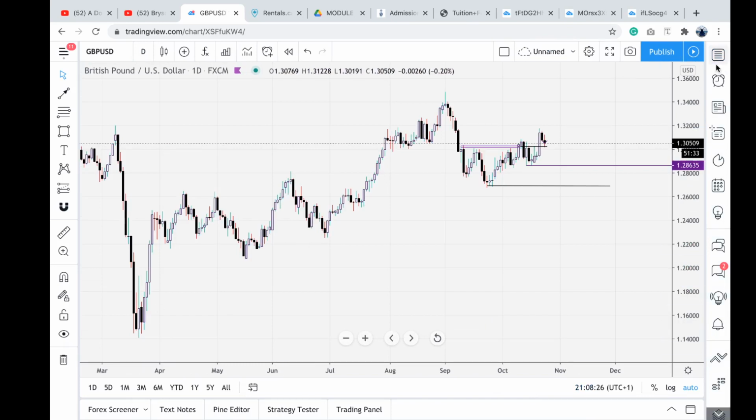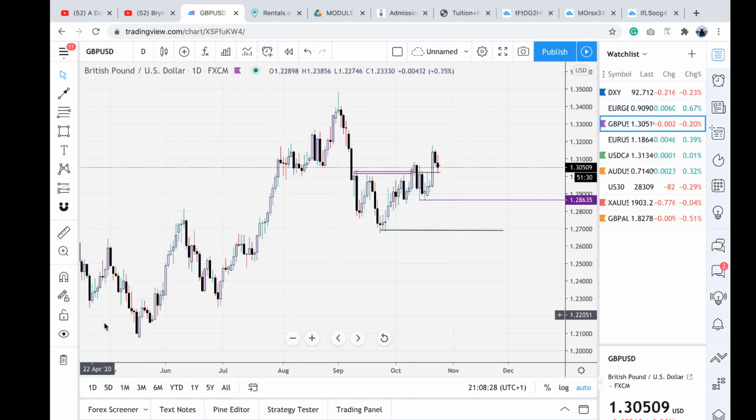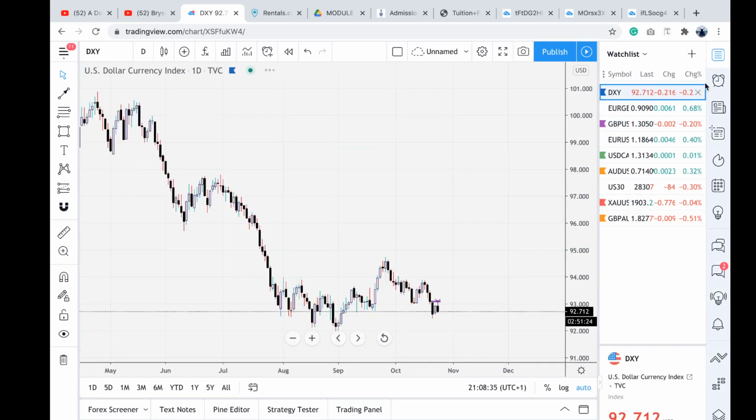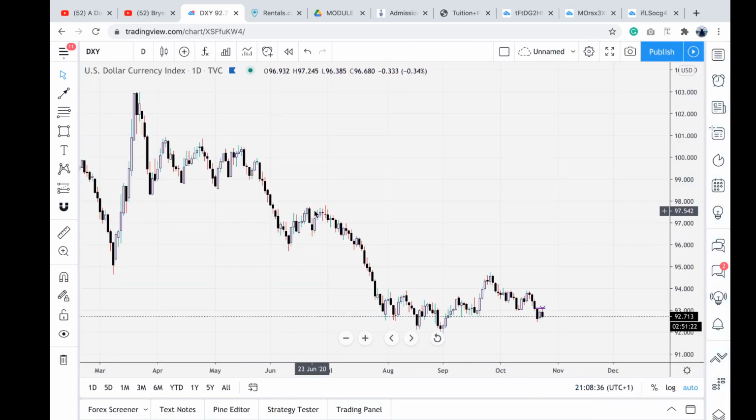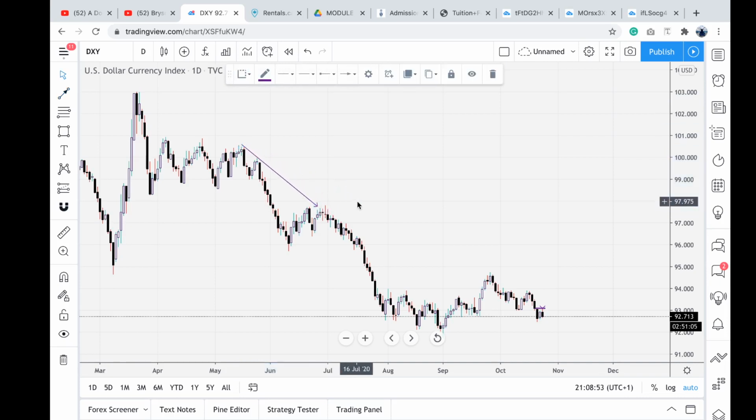Okay, so we're actually going to look at, let's see if this actually formed, 15th of May to 25th of June.